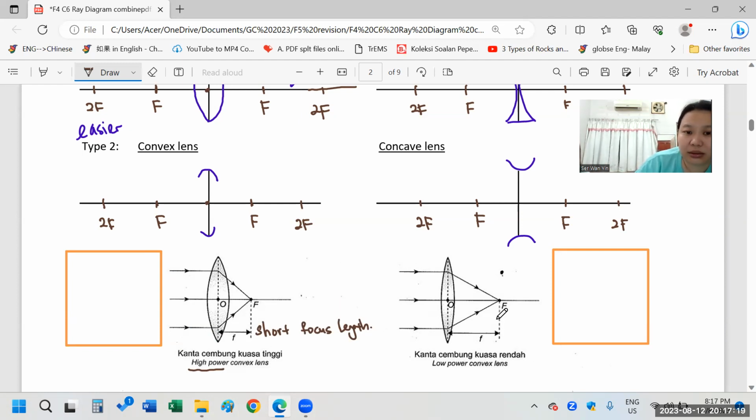Then, okay, you might not know what this is, never mind. You just remember the relationship first. Okay, then this is long focal length. So this is low power of the lens.